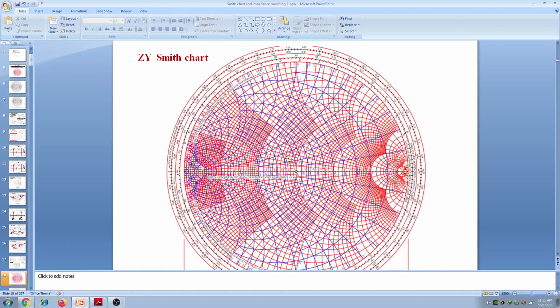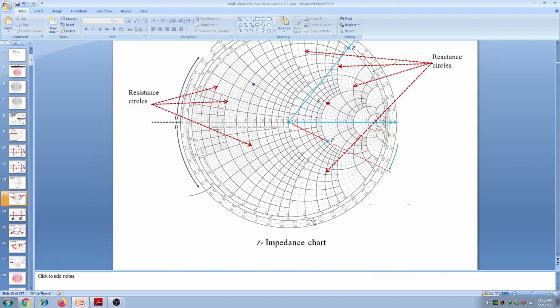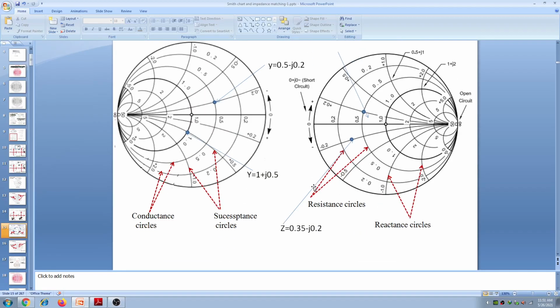Okay, there are four types of circles in this chart. What are those four types of circles? Resistance circle, reactance circle, conductance circle and susceptance circle. All four circles are there over this chart. Four types of circles. Okay, see, like this, as we discussed.